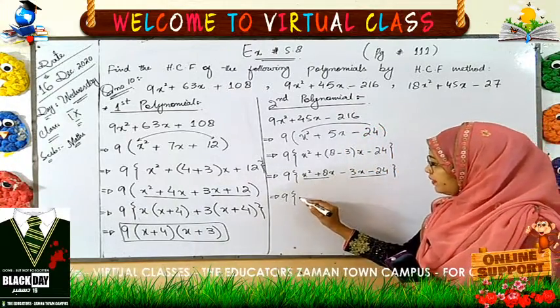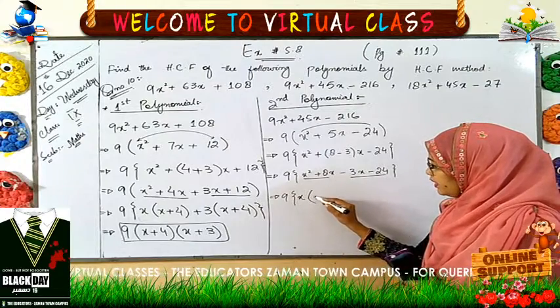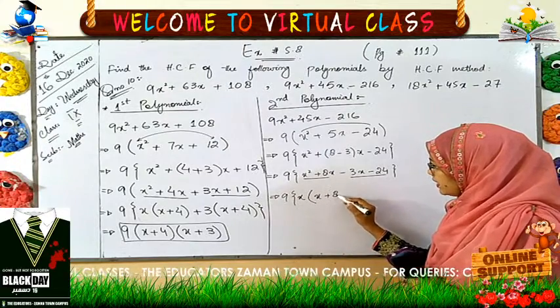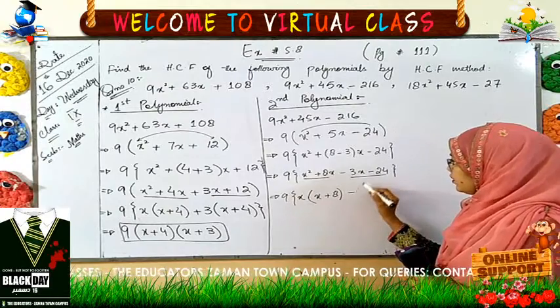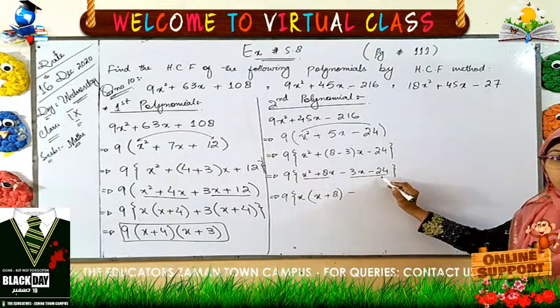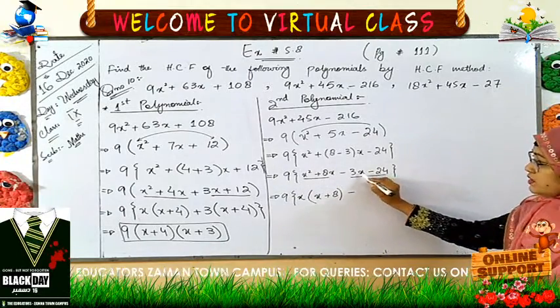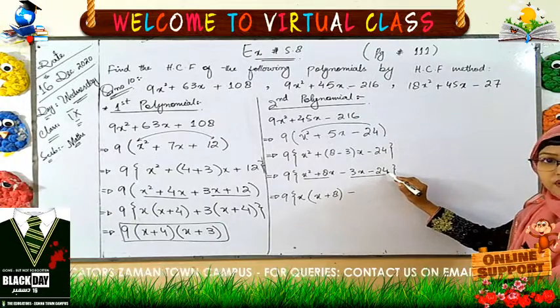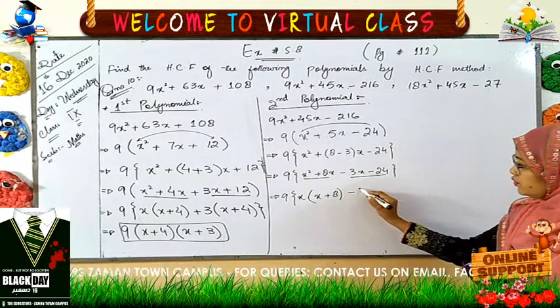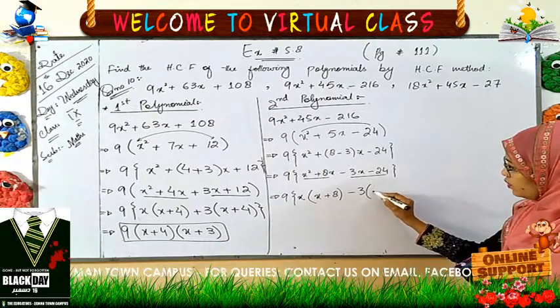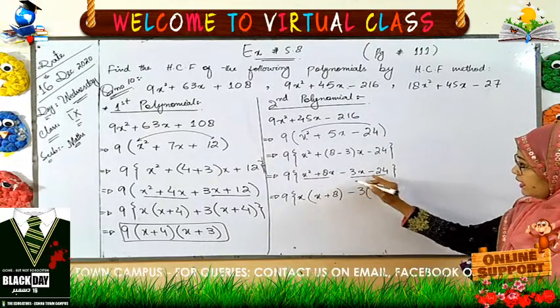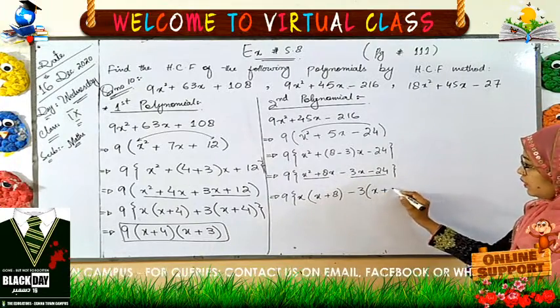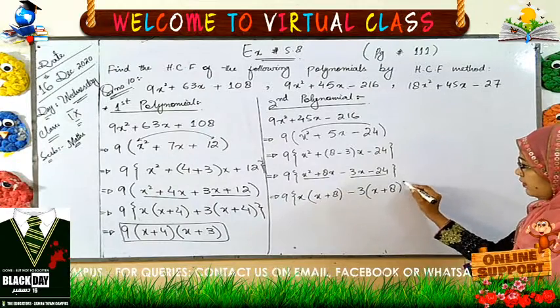Now taking common from the first two terms and the last two. What is common here? We have x as a common value, so the remaining is x plus 8. Minus, what can we take out as common? We can take out 3 as a common value again, because 3 ones are 3 and 3 eights are 24. So we will write down 3 as common value. What is left? x, minus minus plus 3 eights are 24.